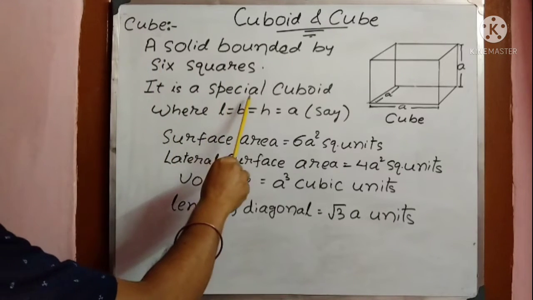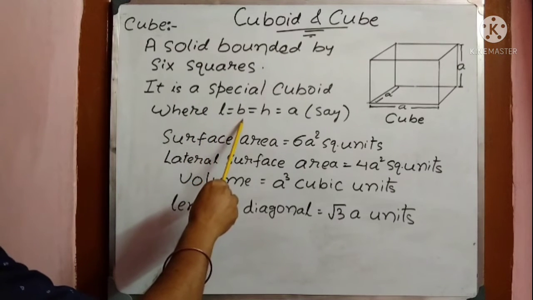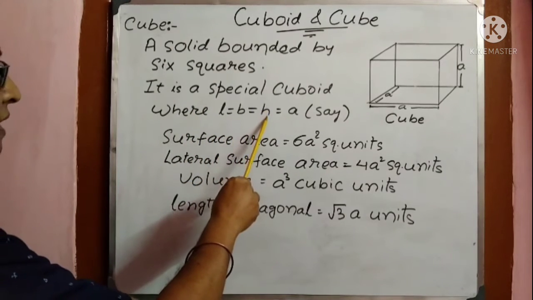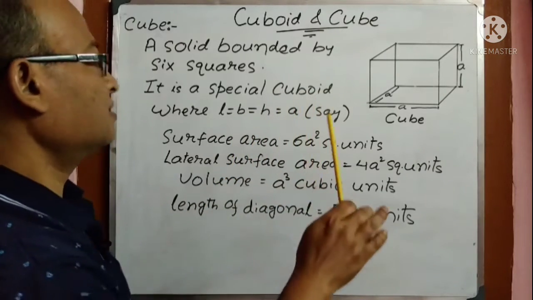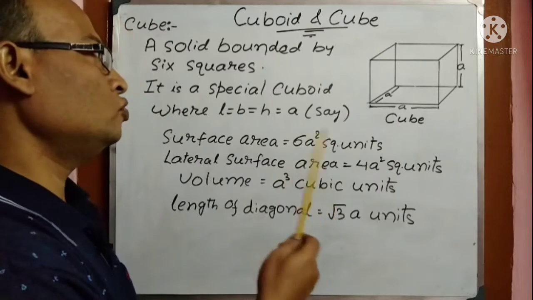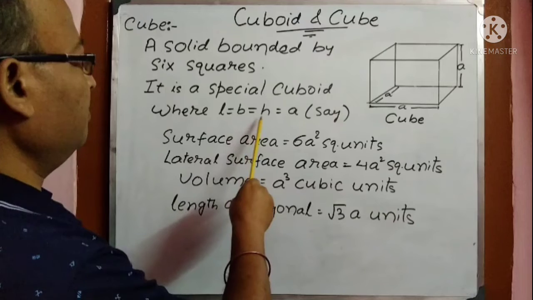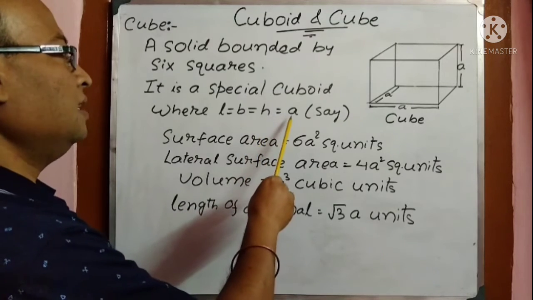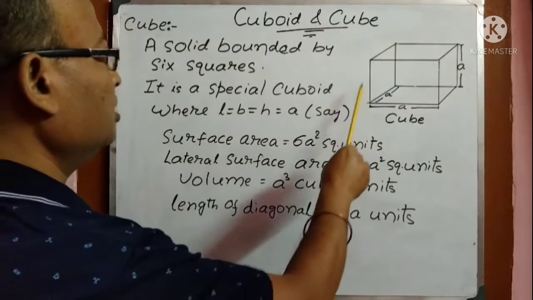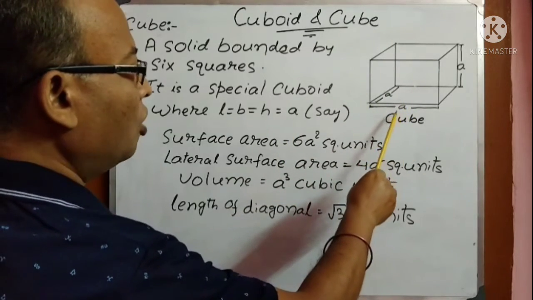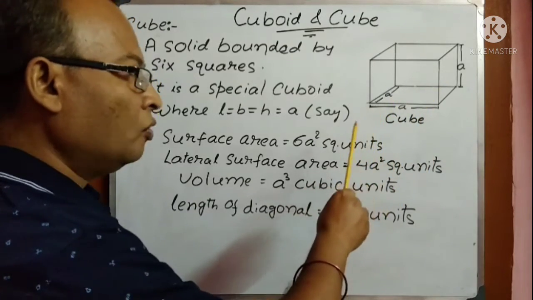It is a special cuboid where L is equal to B is equal to H. That means as it is a combination of 6 squares, and squares mean your sides are equal. So length is equal to breadth is equal to height is equal to, suppose, A we have considered. So this is a cube where your length, breadth and height all are equal.